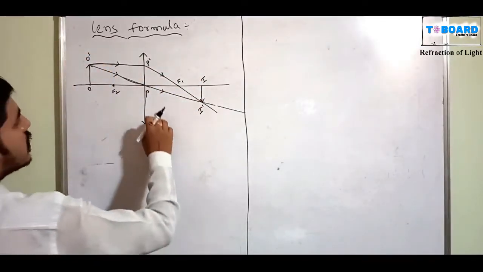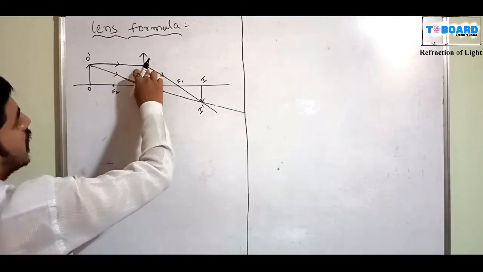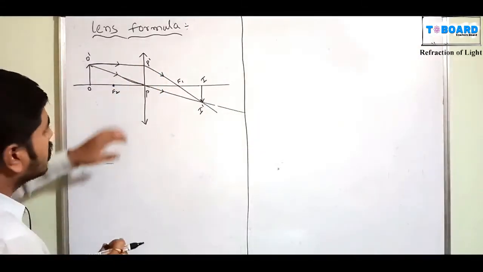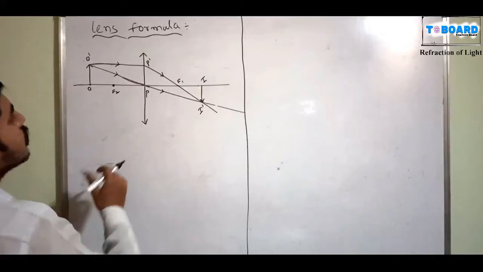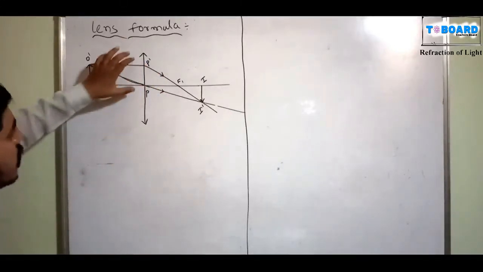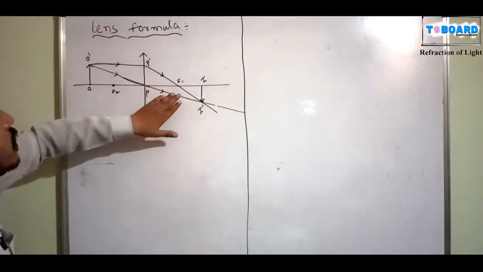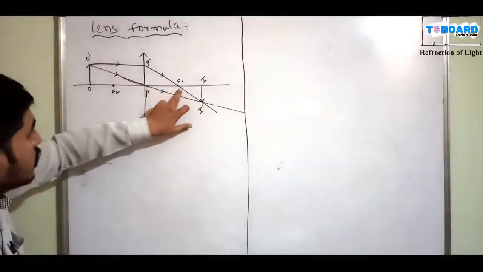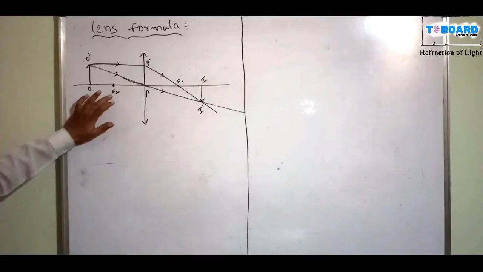Now, where the refraction takes place, there is P dash, and here it will be P. We already know that the optic center is P, and here it is P dash. Both are refracting here. Then F1 is the focal point of one medium and F2 is the focal point of the other medium.